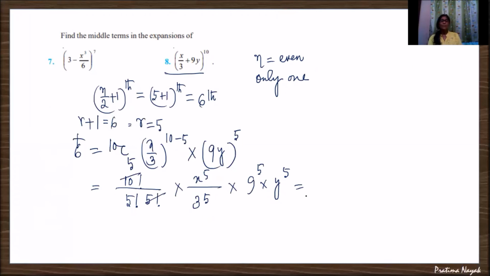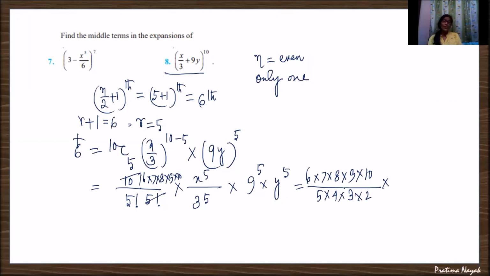We will get 6, 7, 8, 9, 10 upon 5 factorial, which is equal to 5 into 4 into 3 into 2 into 1. Here x to the power 5, y to the power 5, I am keeping aside.